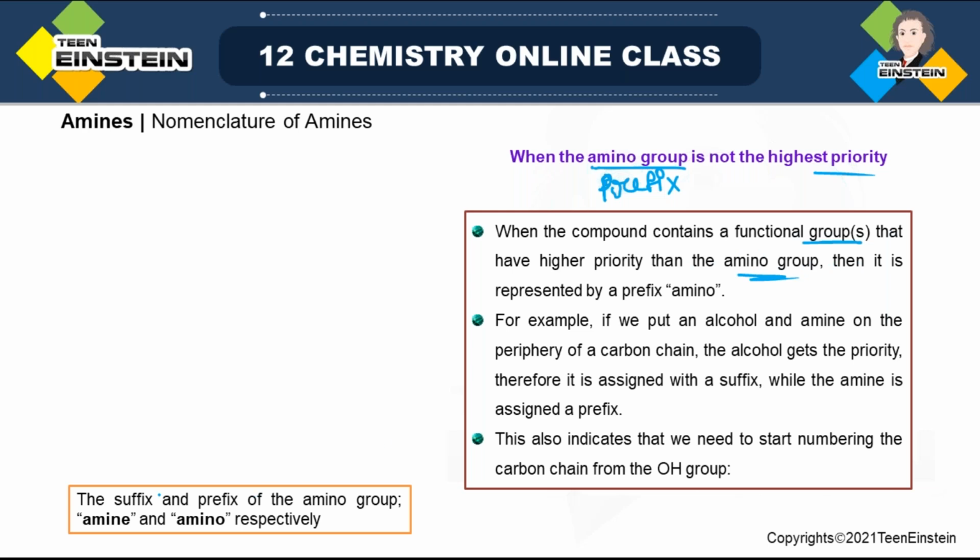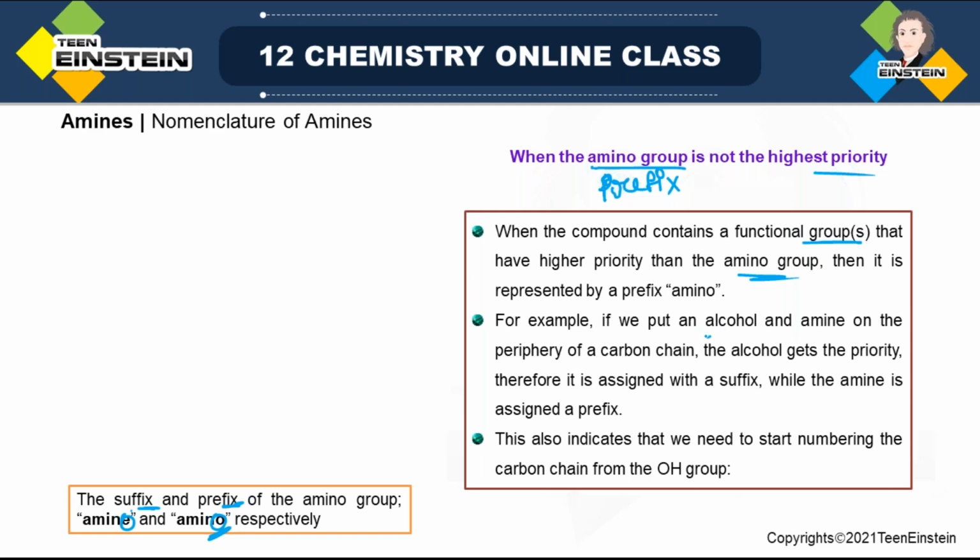And remember, the suffix is amine, but the prefix is amino. Very slight difference, amine with an E, amino with an O. But still, this is important because of this single letter your nomenclature may be wrong or right. Now you cannot use amine. You have to write amino.